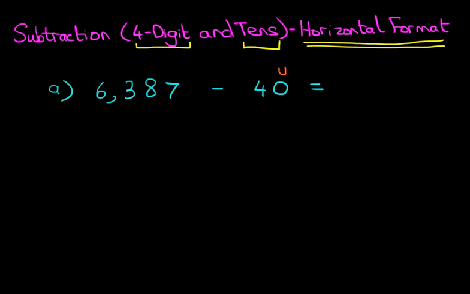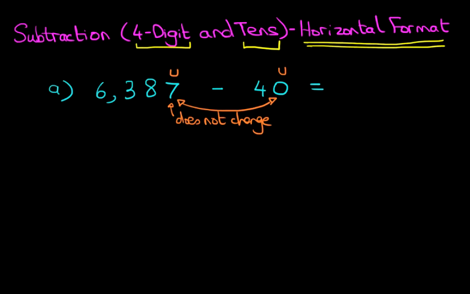We've got 0 units. And if we look at the number we're subtracting from, we've got 7 units. So therefore, if we're doing 7 minus 0, the 7 does not change.